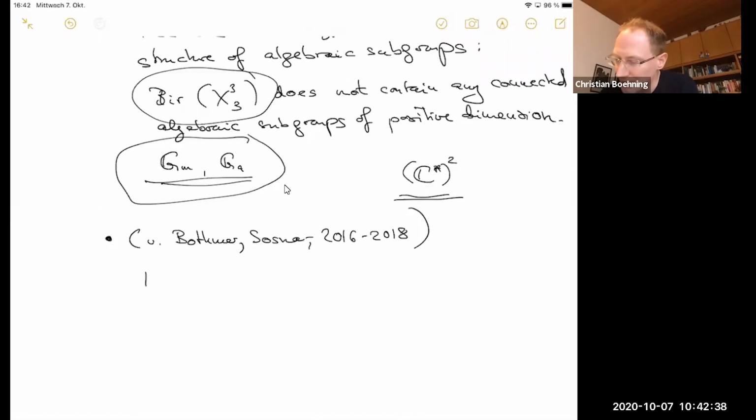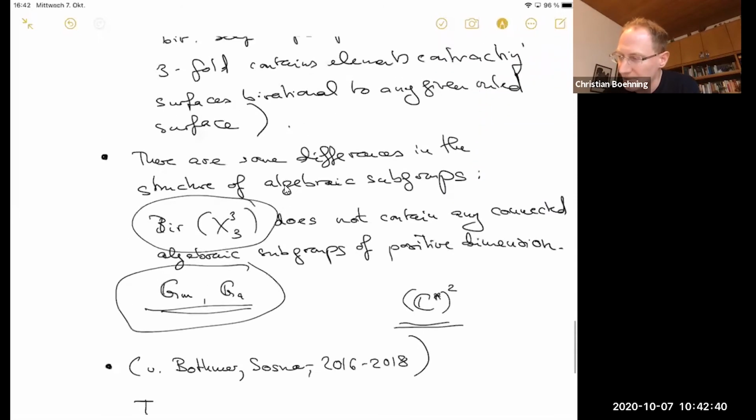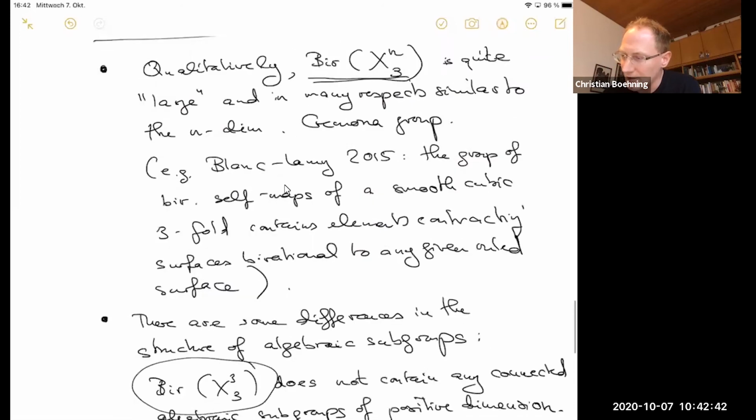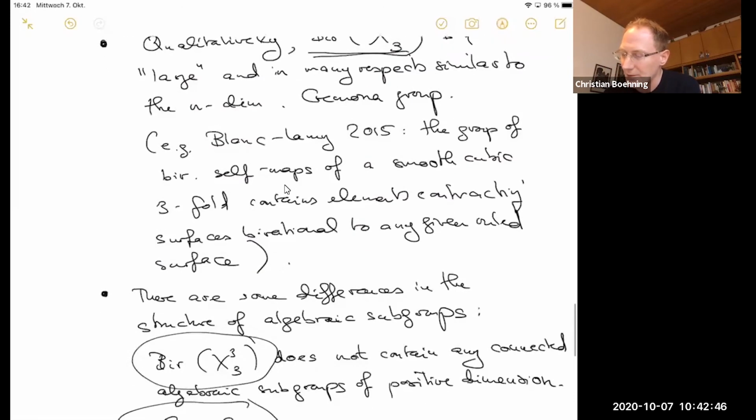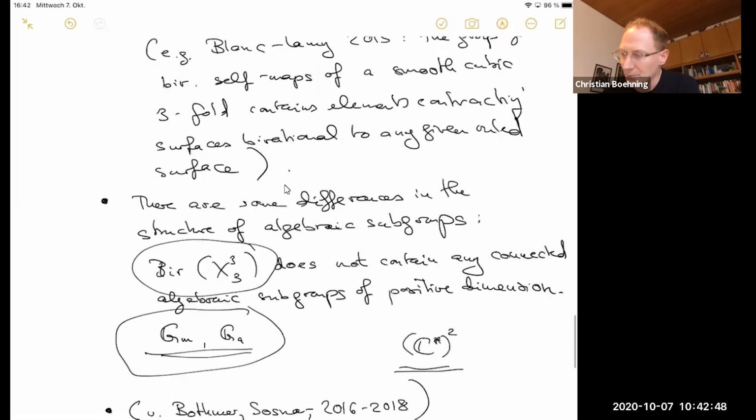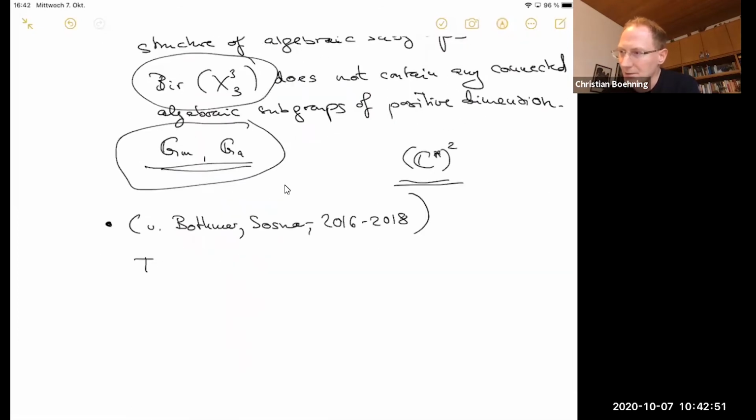So I want to say that whereas these birational automorphism groups, yes, are generally qualitatively very large, ugly and unwieldy, and certainly cubics are very far from being birationally rigid, still I think that there will ultimately be quantitative differences in these groups.